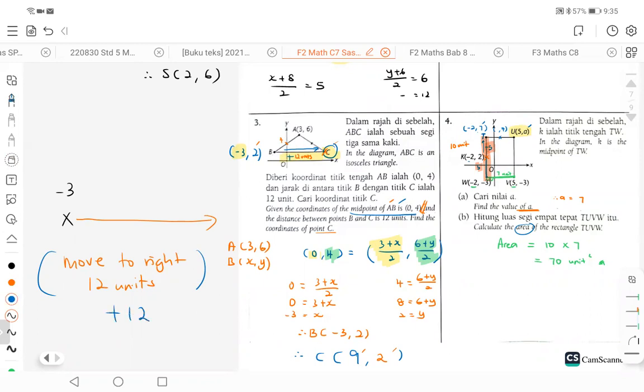So when you form the equation, just simple: negative 3 plus 12 equal to positive 9. Because 12 units is only the distance from here to here, and point C is on the right side of point B, then we can just write plus 12. Then you get positive 9.